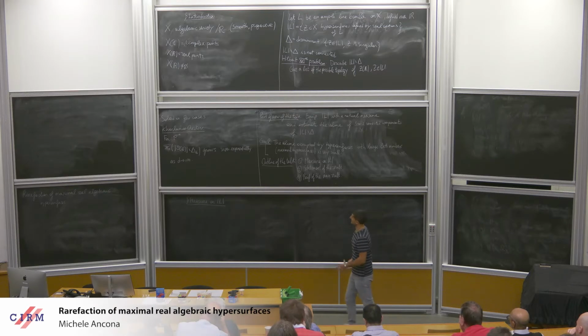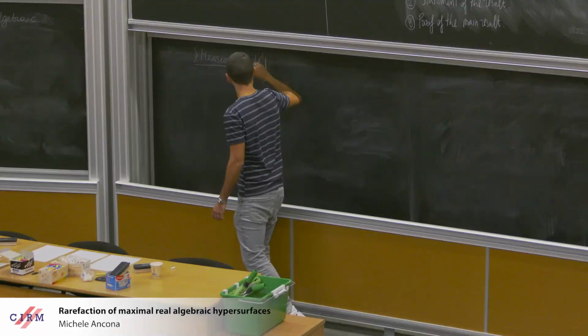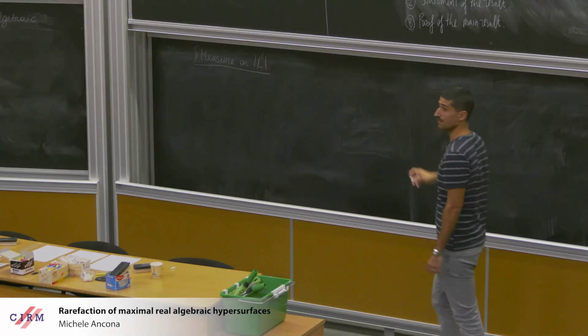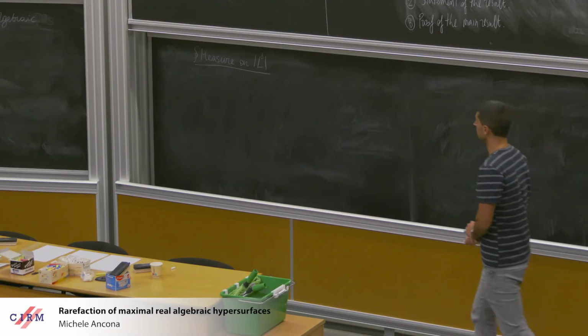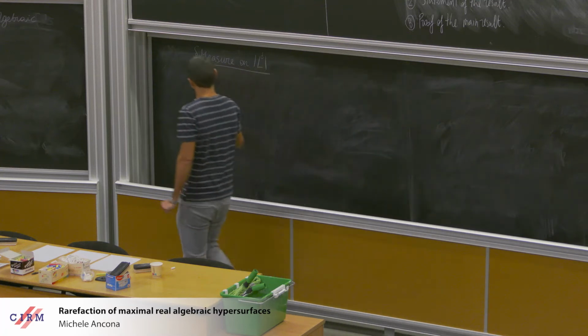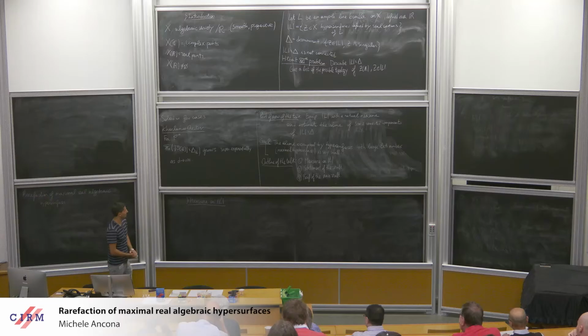I said I will be interested when the degree grows, so I will actually construct measures on tensor powers of L. So how can one construct a measure on some linear system?